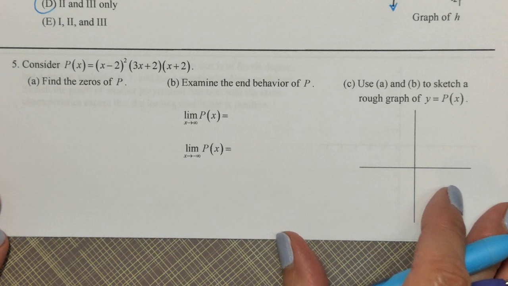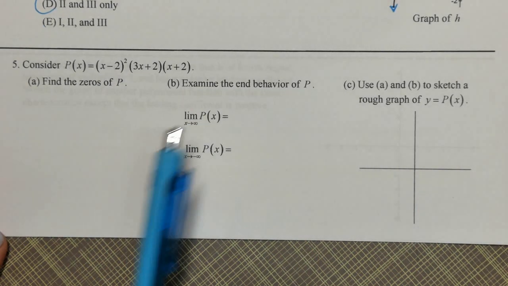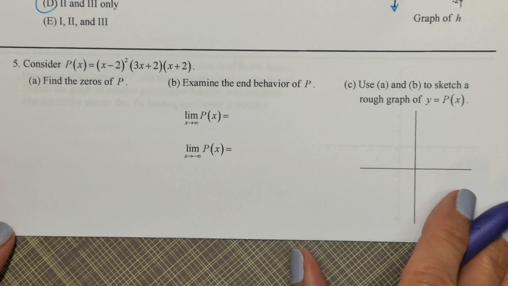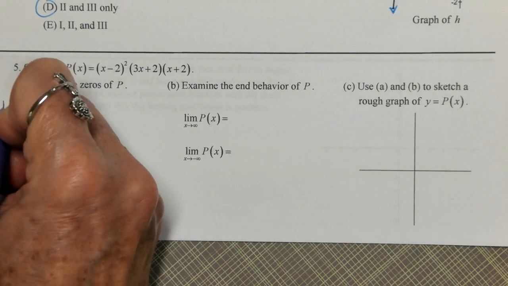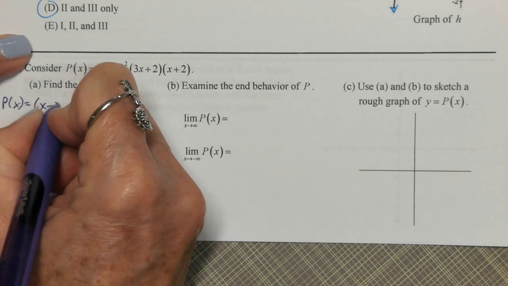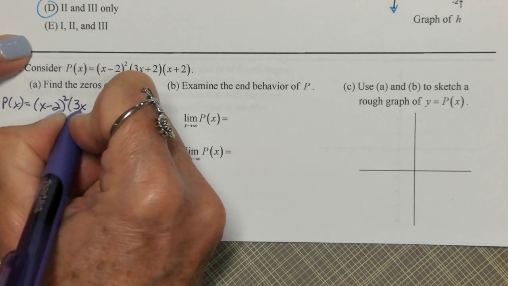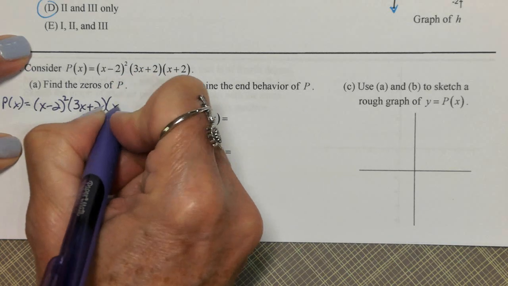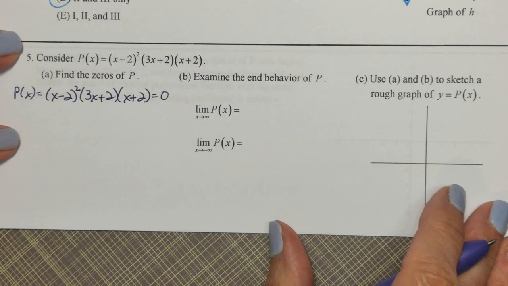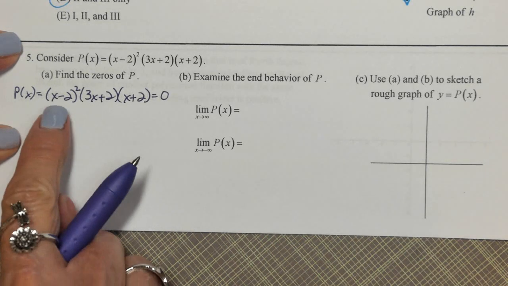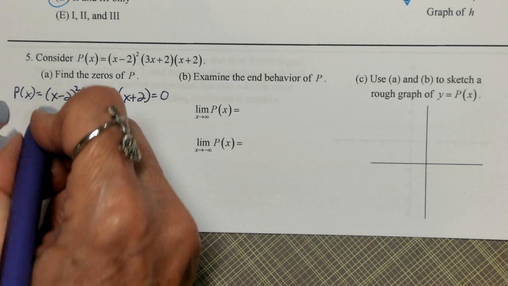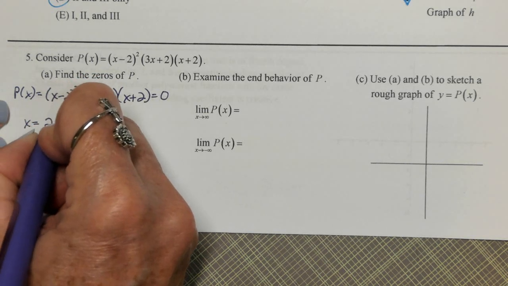Alrighty, let's consider this polynomial, p of x. Let's find the zeros of p. To find the zeros of p, we take p and we set it equal to 0. That's how you find the zeros of a function. For this factor, we get x is equal to 2.